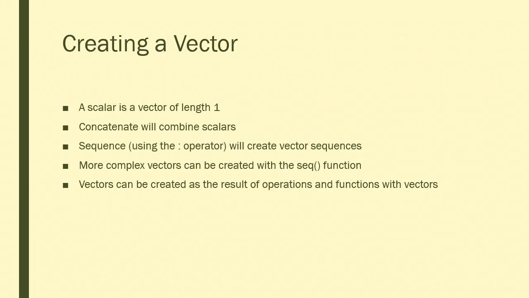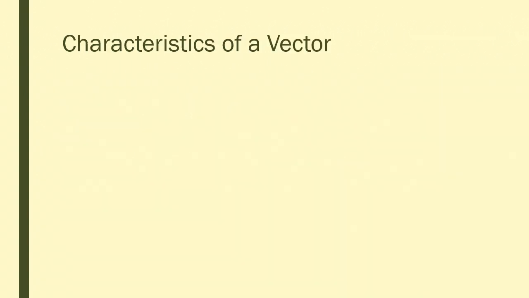So I've given you the basic ways to create a vector, but you can also do various operations and store those operations, or use various functions and store the result of those functions to also create a vector. That is, anytime you have a function that gives you a vector back, all you have to do is create an object with that name, assign it from the function to that vector, and you have created a new object that is a vector. Let's now look at some characteristics of a vector.